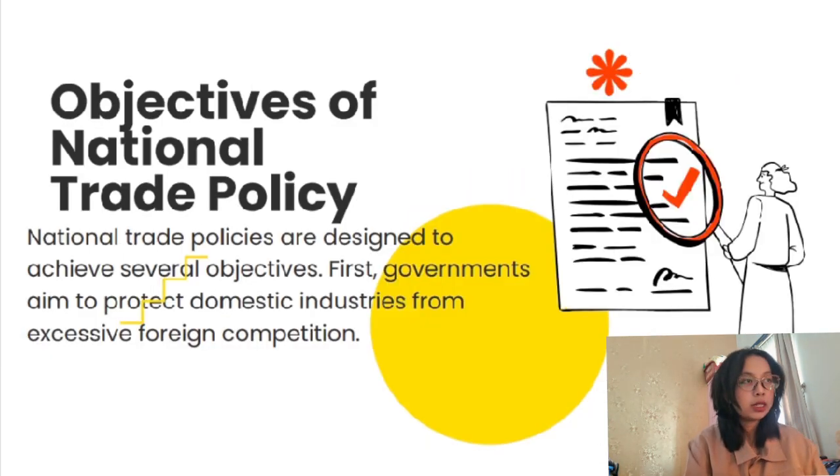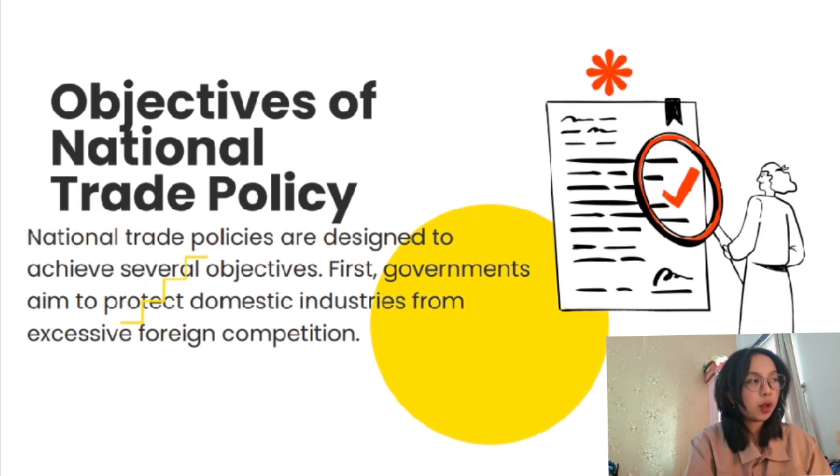Next, objectives of national trade policy. National trade policies are designed to achieve several important objectives. First, governments aim to protect domestic industries from excessive foreign competition. Second, policies encourage export to increase national income and improve economic growth.